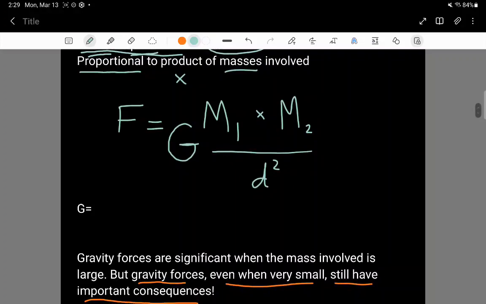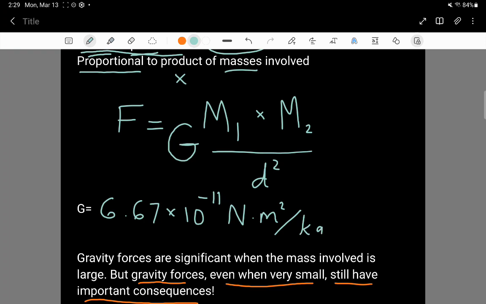And this value G is very, very small. Even though it's given the capital letter G, G is actually 6.67 times 10 to the minus 11, right? It's very small. Newtons times meters squared divided by kilograms squared. And this is called Newton's universal gravitational constant. And it is very small.